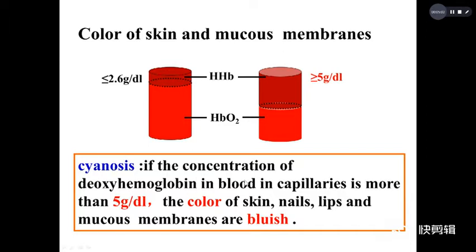Deoxyhemoglobin increases. Now, during hypotonic hypoxia, what alteration occurs? Deoxyhemoglobin and oxyhemoglobin, which increases, which decreases?